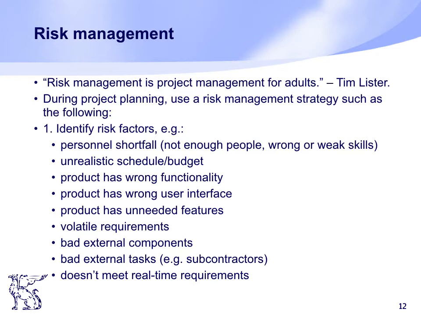Now, as you know the categories of risk, you can easily identify the risk factors. If you think about known risk, you can easily identify what could be the known risks. Like personnel shortfall, this is a known risk, right? Then unrealistic schedule or budget, that's also a known risk.